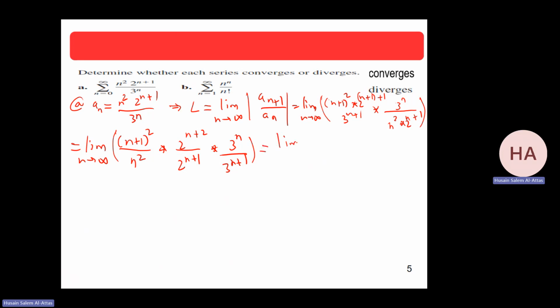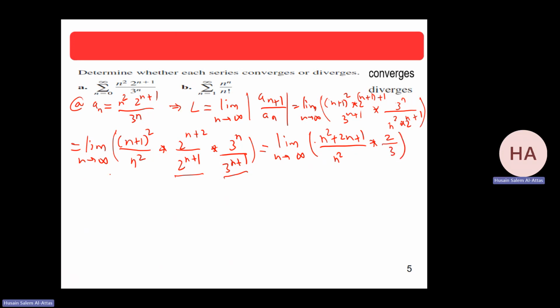That will be the limit as n goes to infinity of n squared plus 2n plus 1 over n squared, times, here I have 2 over 1, which is 2, and here I have 1 over 3.